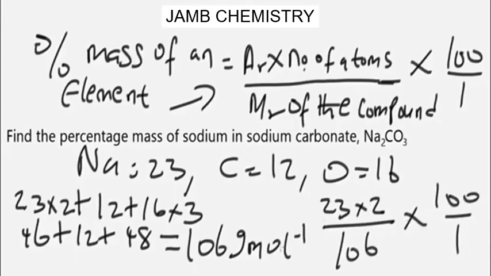Now let me punch everything into my calculator and see what it gives me. Okay, the output is 43.3, a recurring decimal. If you want to leave it in the nearest whole number, this gives us 43%, and that will be the answer to this question. It's as simple as that.